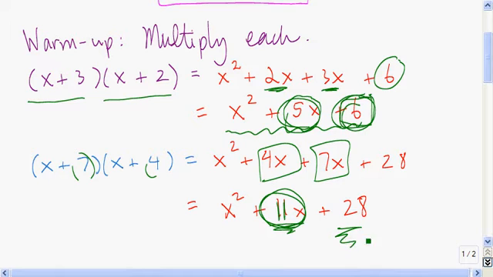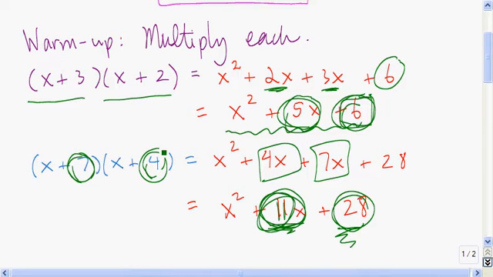Where did this 28 come from? This 28 came from 7 times 4. Once again, this 11 is equal to 7 plus 4, and this 28 is 7 times 4.